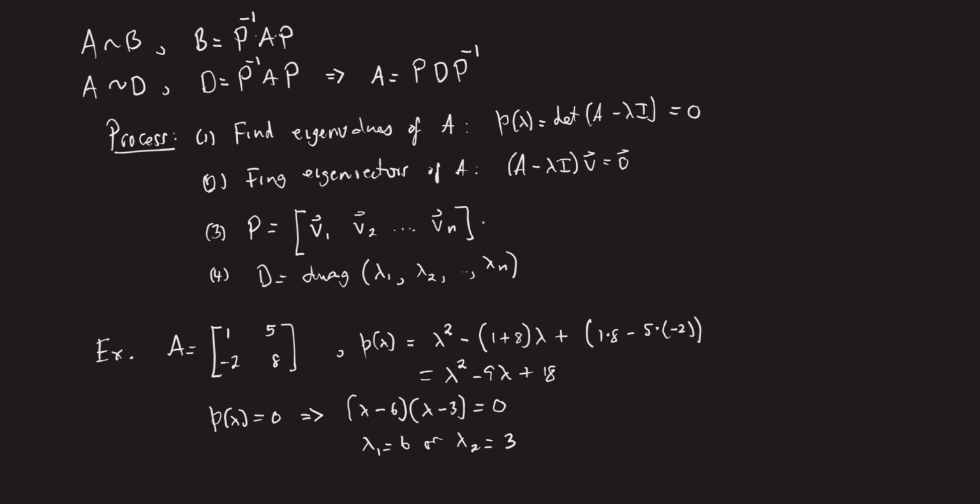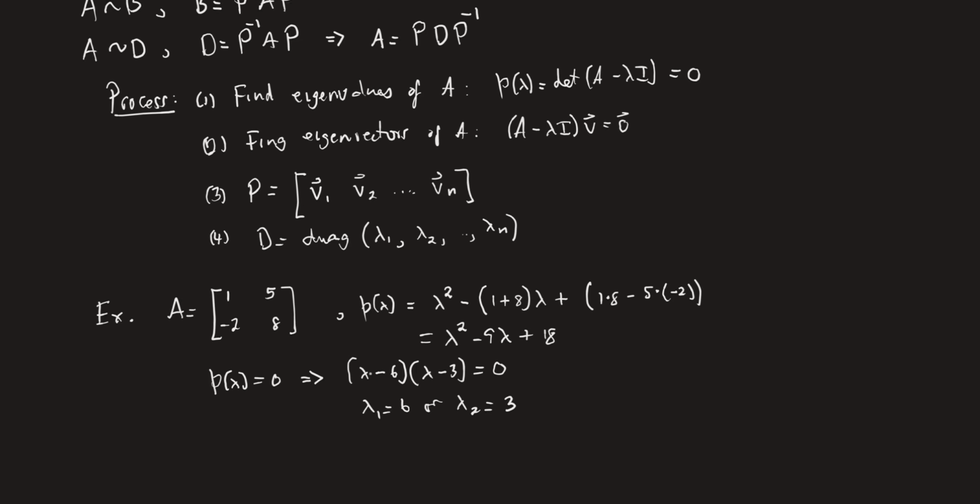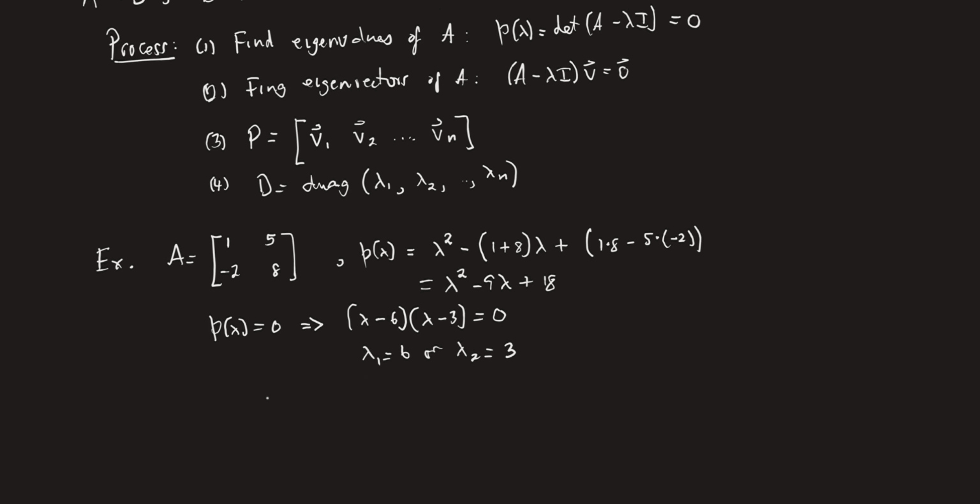So step 1, done. Step 2, now we have to find the eigenvectors that correspond to each of these. So now we're going to set up our homogeneous system. Let's do lambda equals 6 first. As you know, looking at this coefficient matrix, we're simply subtracting lambda from the entries on the main diagonal.